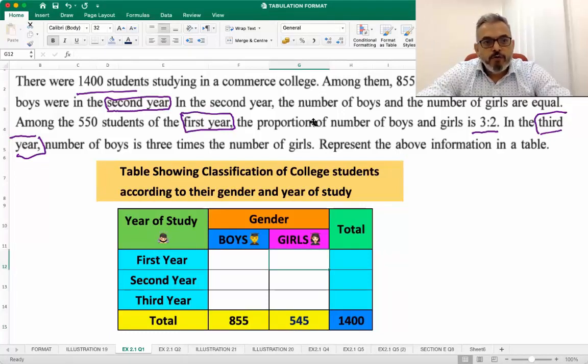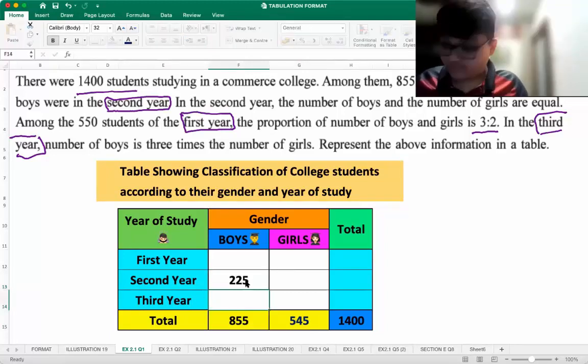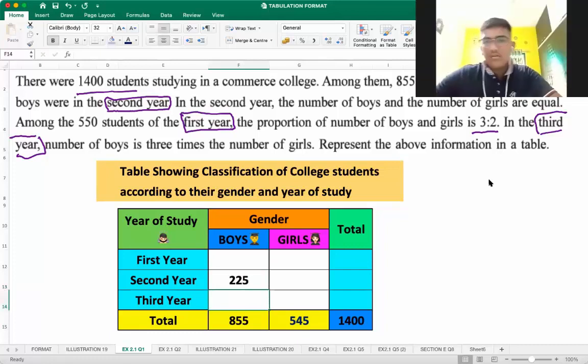Now, of them, 225 boys were in second year. Now, attention please, all of you. 225 boys were in second year. So first go to second year, then boys. How many boys in the second year? 225.